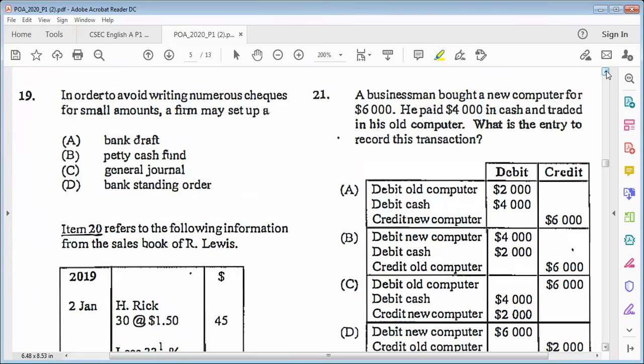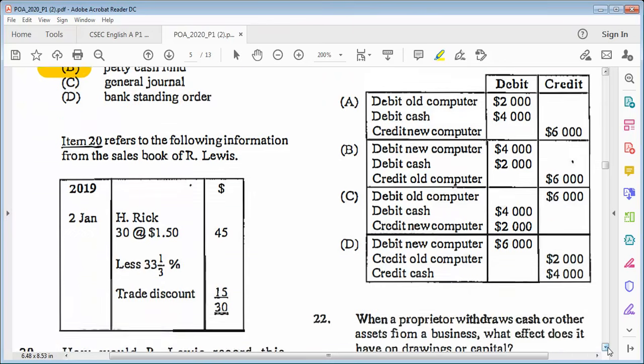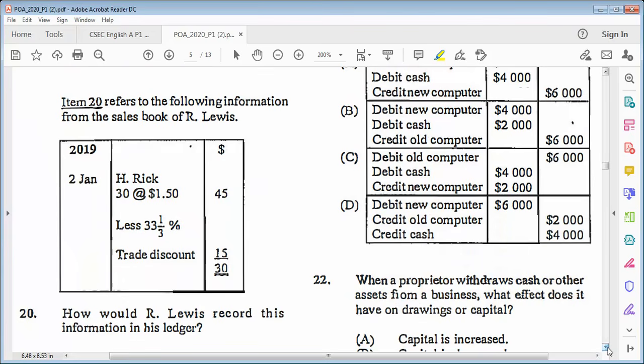We know a firm may set up a petty cash fund instead of writing numerous checks. Let's move on to 20.